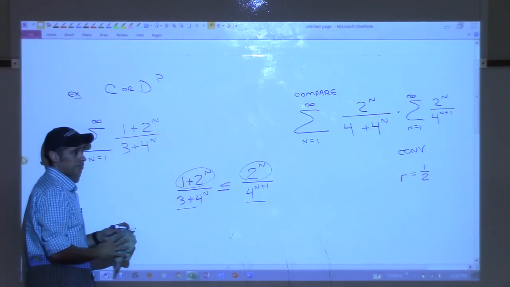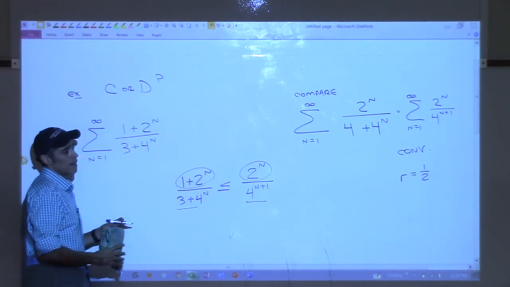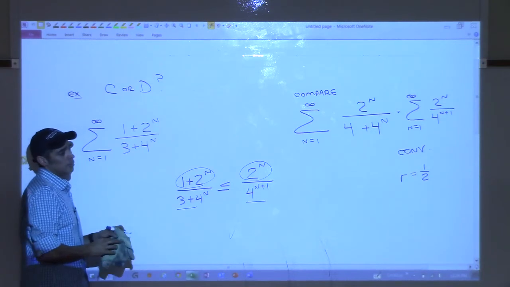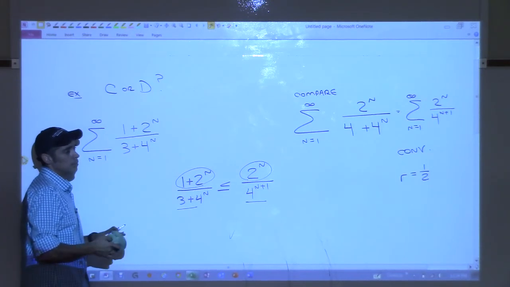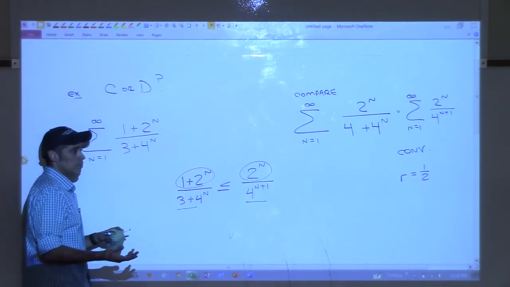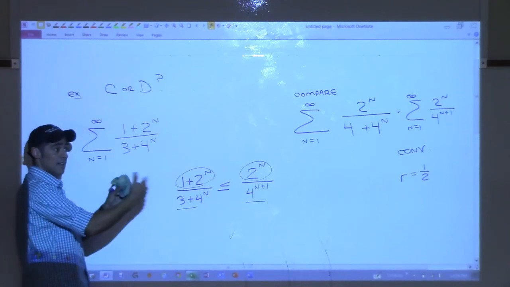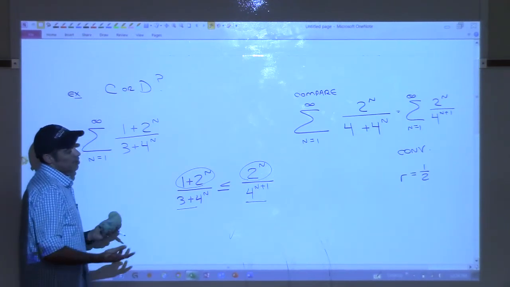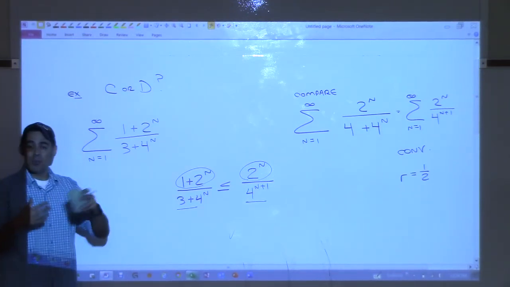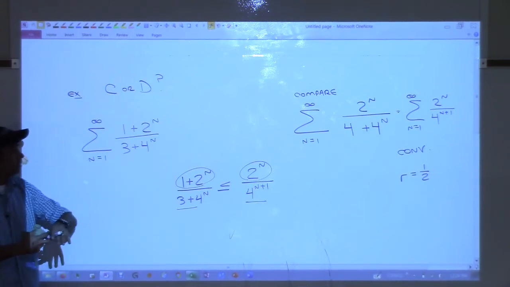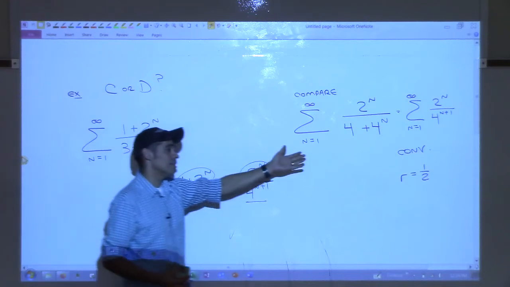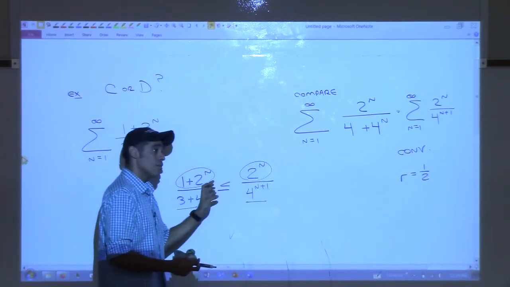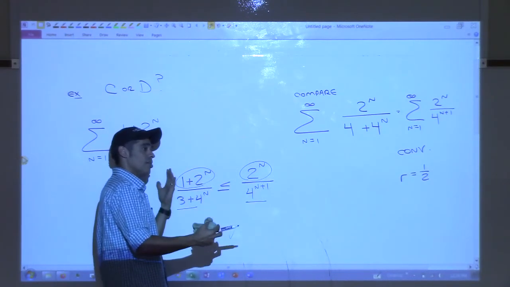Yes? I was going to say, since our comparison for convergence failed, could we just try a random series that diverges and do the divergence test? Or test it to see, like flip the inequality? Okay, so the question is, maybe because we haven't been able to find something, maybe this diverges. And if we can compare it to something that diverges and show the inequality the other way, then we would be done, right?